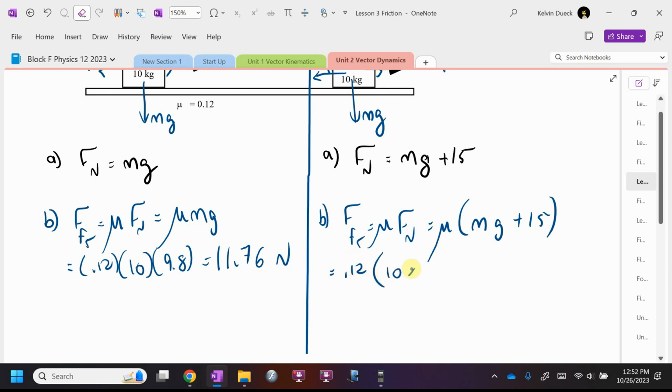And then it's going to be 0.12 times (10 times 9.8 plus 15). 10 times 9.8 is 98, plus 15 is 113. 113 times 0.12 is going to be 11.3 plus 2.26, which is 13.56, I think. And that's going to be newtons. 13.6 if I reported it to 3 sig figs.